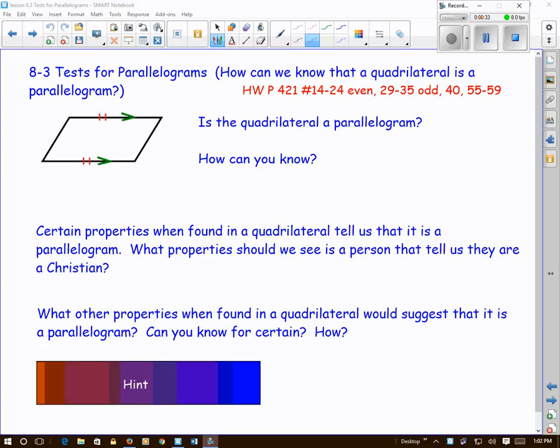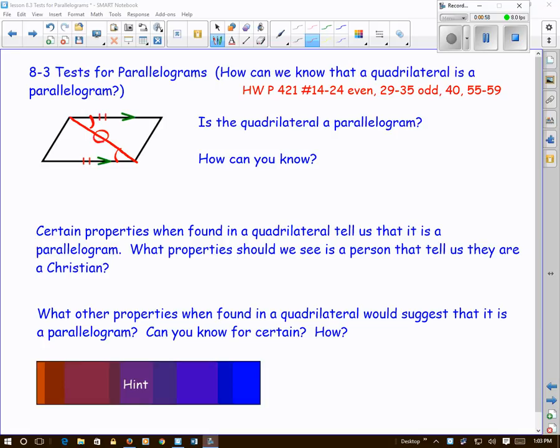And if we take that and we draw in a diagonal, have you noticed that a lot of diagonals come into play in this chapter? Then we see that these two angles are congruent. And we know that, of course, the diagonal is congruent to itself.